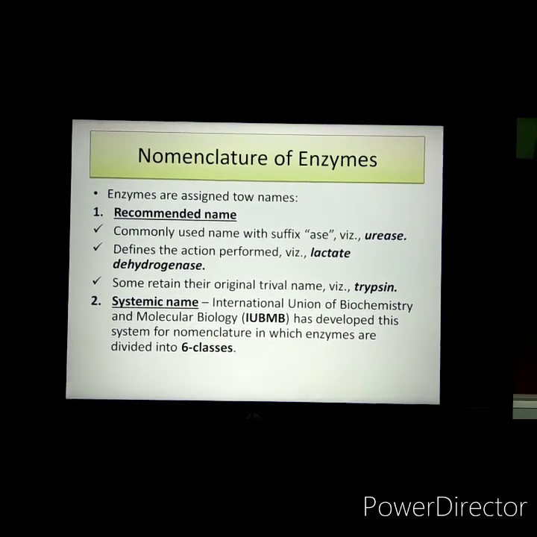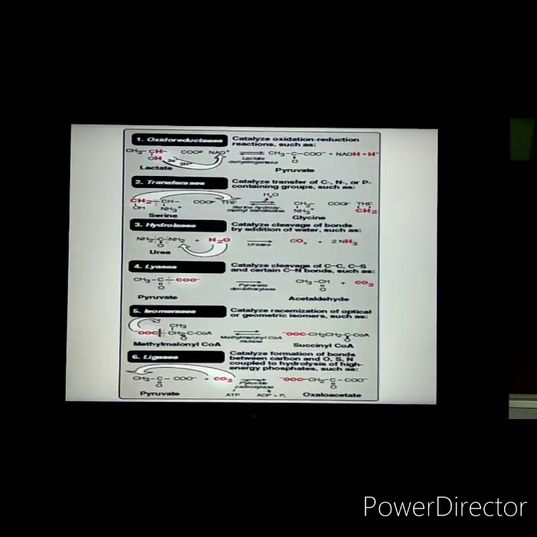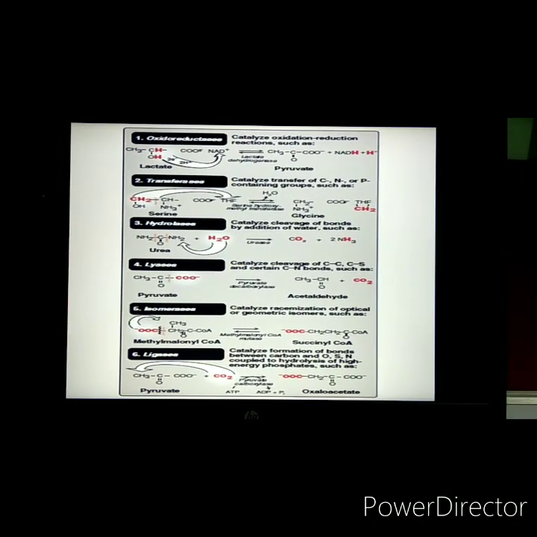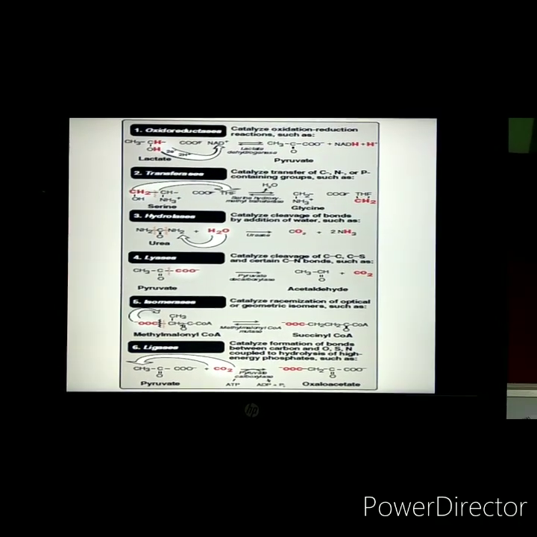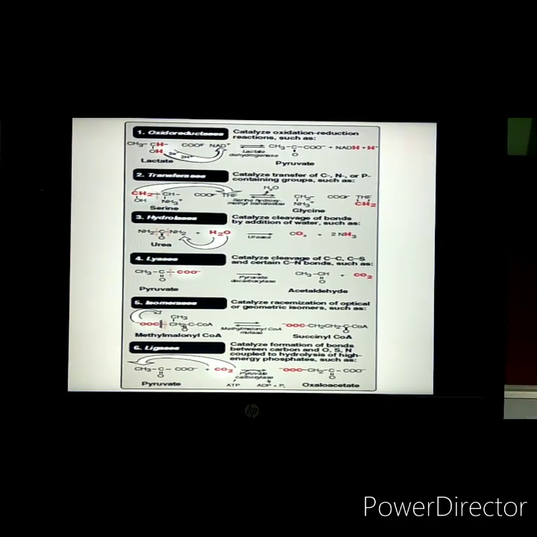This international board has divided enzymes into 6 classes as follows: oxidoreductase, transferase, hydrolase, lyase, isomerase and ligase. You can see in this image the different classifications of enzymes based on their nature.